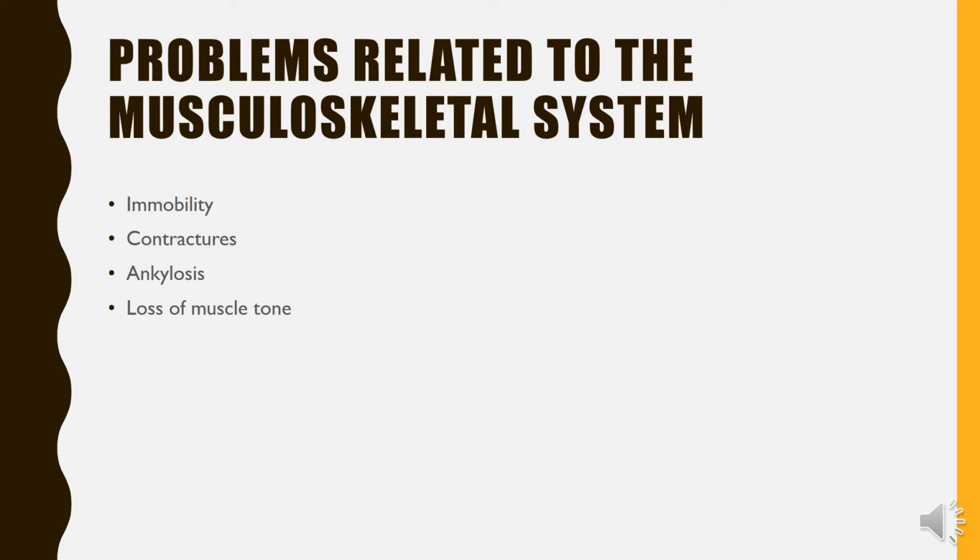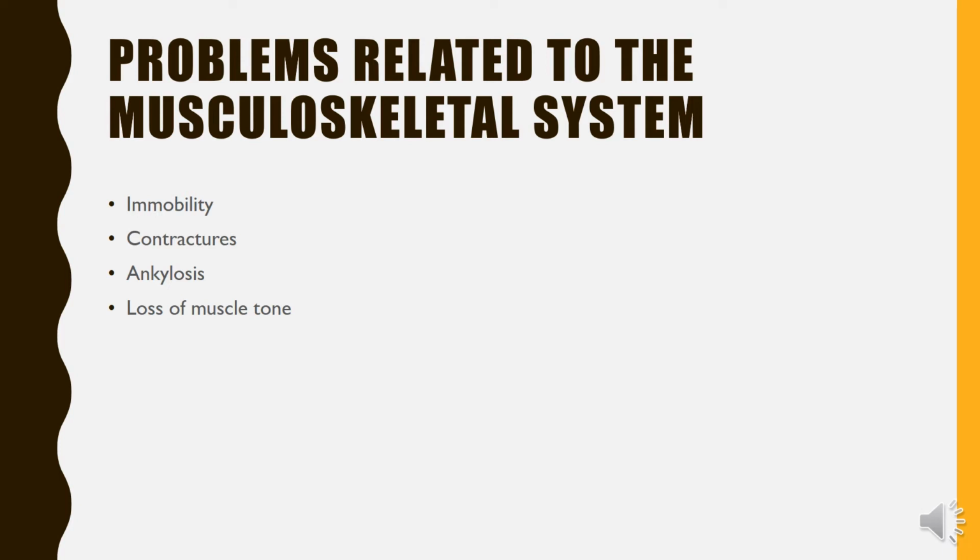Ankylosis is the permanent fixation of a joint. This may be caused by trauma, immobility, or sometimes surgery. And then loss of muscle tone can also be a result of immobility. Again, we need to assist our patient with range of motion exercises at least 3 times a day to prevent loss of muscle tone.